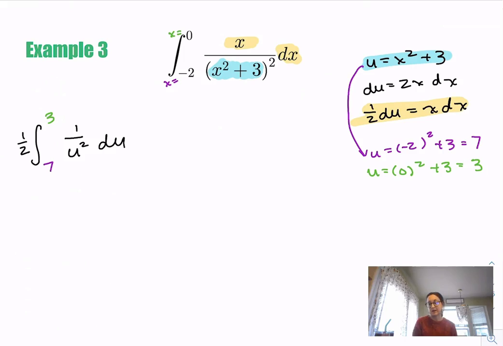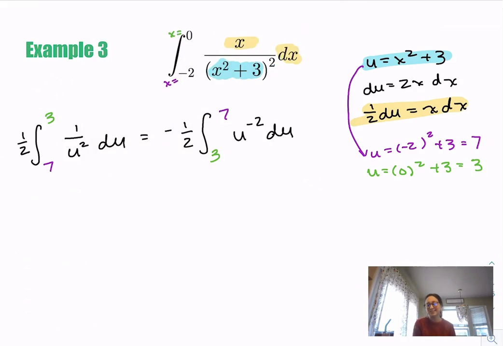So the only thing I didn't highlight was that power of 2 in the denominator. So my rewrite looks like this. Or if you prefer, -1/2 integral from 3 to 7. And let's, at minimum, make sure we rewrite that as u to the -2 du.